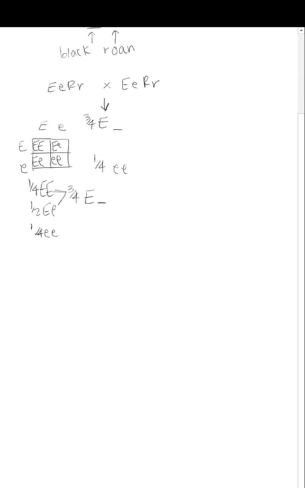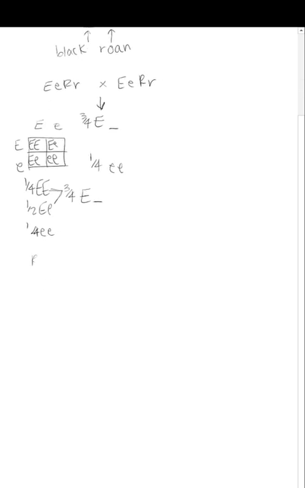So now we'll go ahead and do our Punnett square for our r's. So they're both heterozygotes. So we have big R, big R, little r, big R, little r, and then 2 little r's. So we'll get a quarter that are big R, a half that are heterozygote, and then a quarter that are little r.